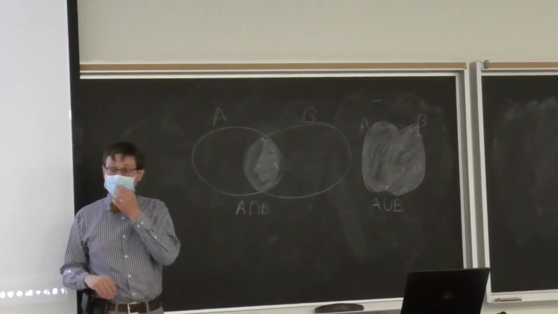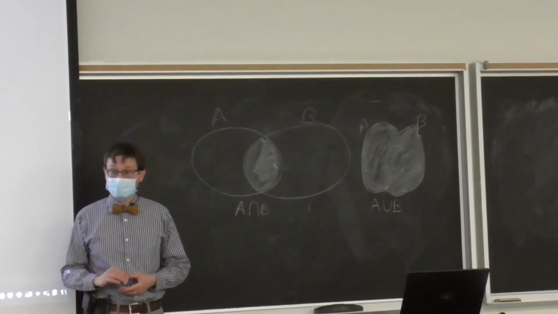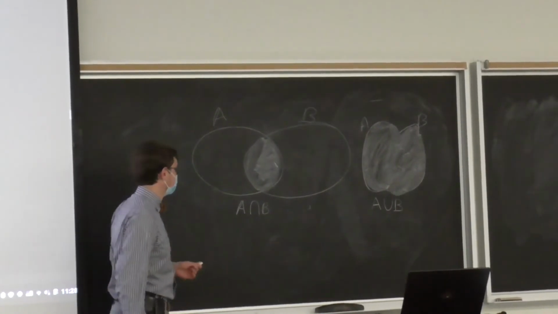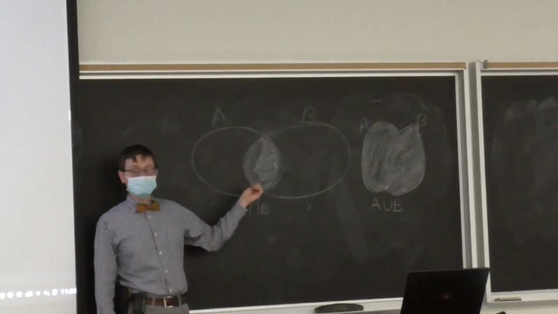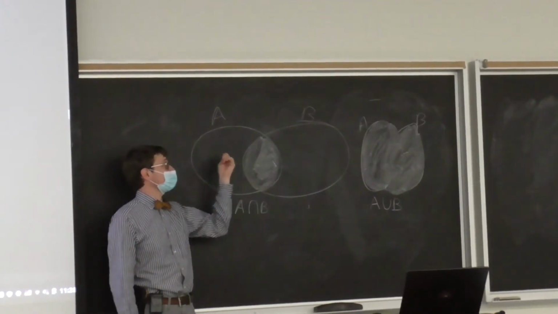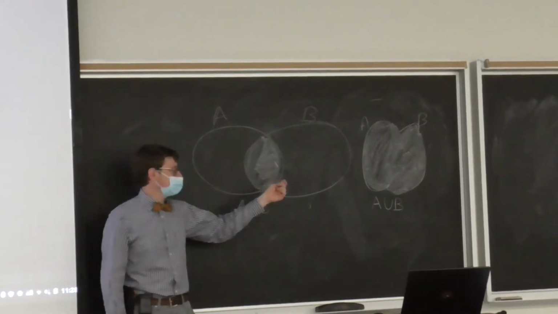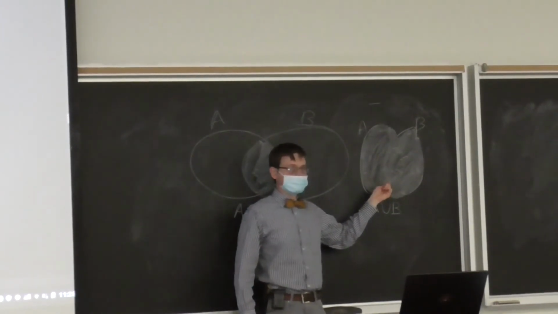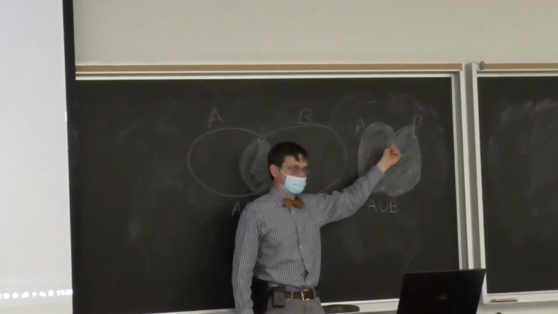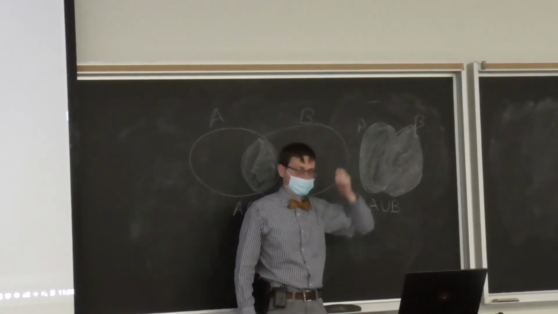There is a correspondence between this and Boolean and OR operations, right? This would be Boolean and, because it's only those elements which are in A and B. This is Boolean OR, because it's those elements which are in A or B, right?